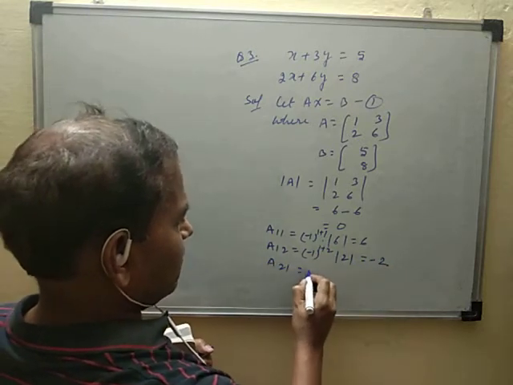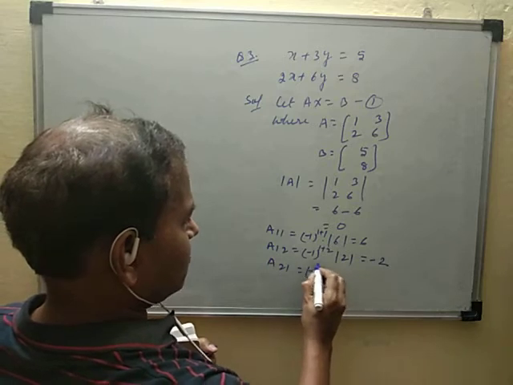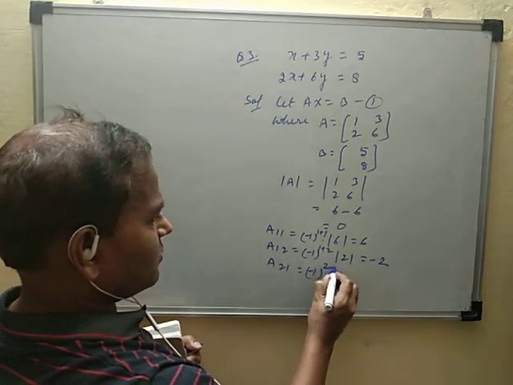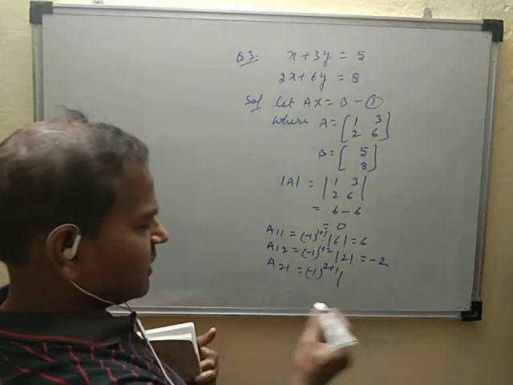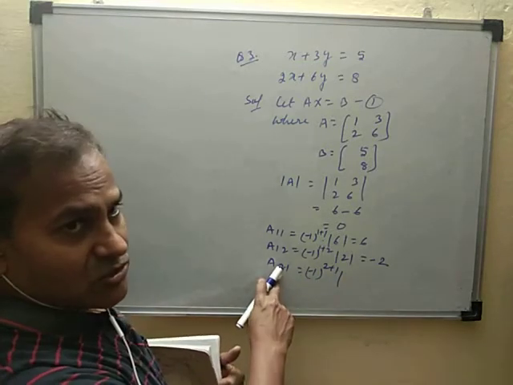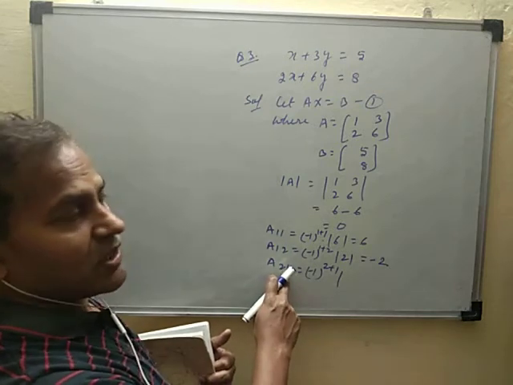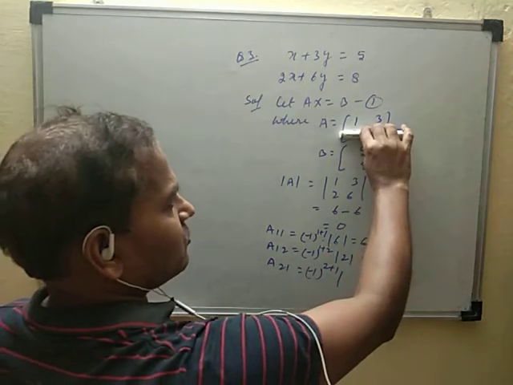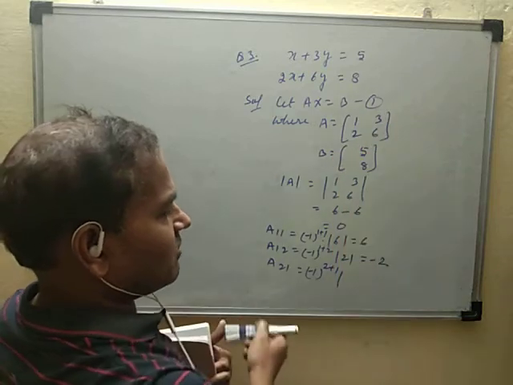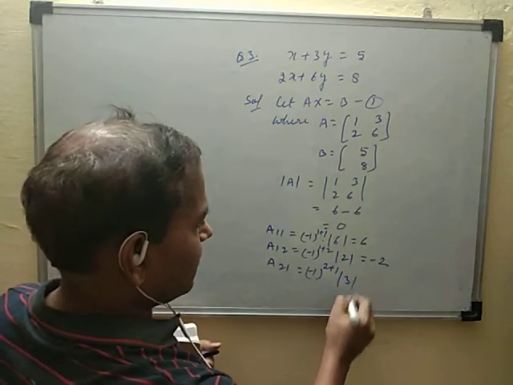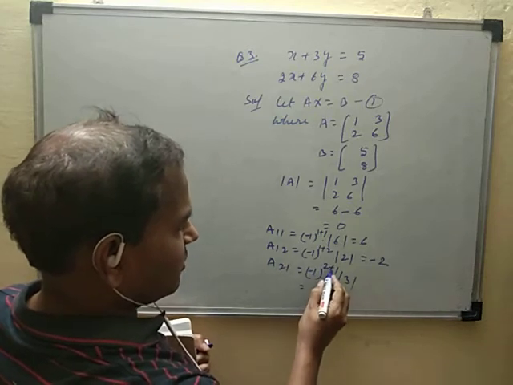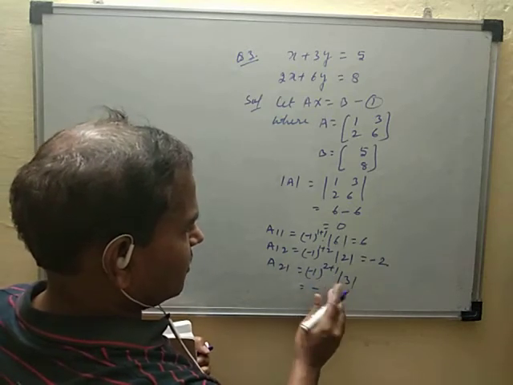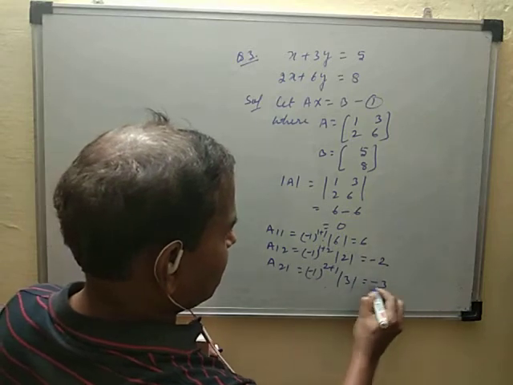Next A21, minus 1 to the power 2 plus 1. Here we delete the second row and first column. What remains is the element 3, and this becomes minus 3, so minus 1 to the power 3 is minus, so the value is minus 3.